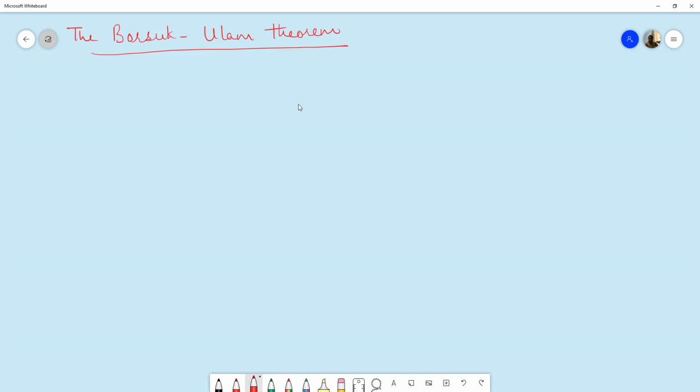For that, we have to first define antipode preserving map. So what is antipode and antipode preserving maps? Let x be a point of Sn, the n-sphere, and then its antipode is the point minus x.